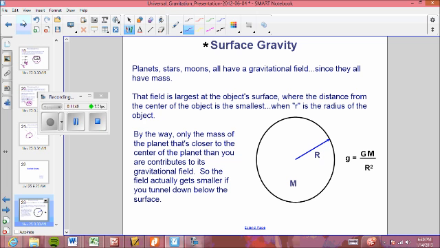So the field actually gets smaller if you tunnel down below the surface. So basically what it's saying is, the closer you are, when you're on the surface, that's going to be the most gravity. That's why we don't float off the Earth. We're there because our r squared is so much smaller, because now it's literally just the radius.